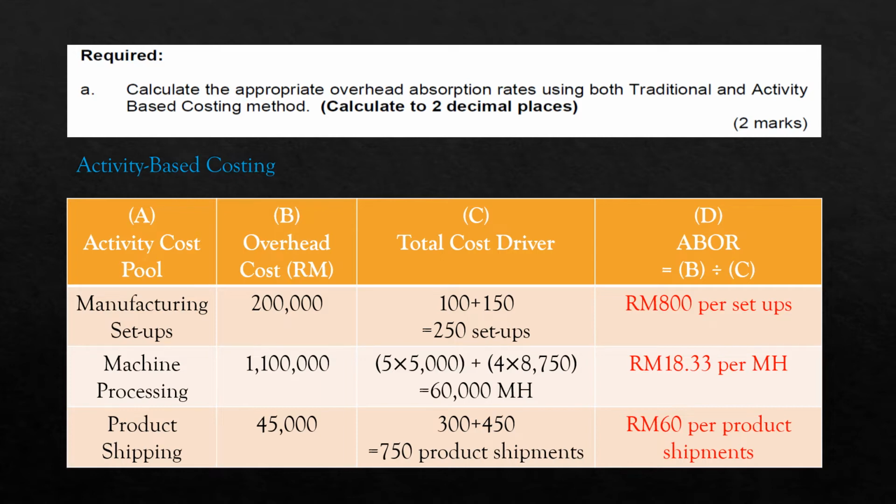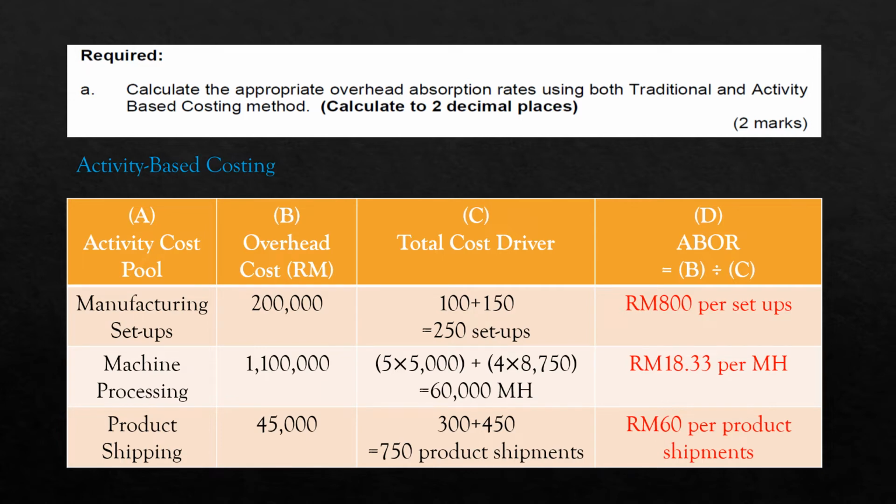Let's start with the first activity cost pool, that is manufacturing setup. The overhead cost for manufacturing setup is 200,000 and the total cost driver is equal to 250 setups. So the absorption rate is equal to 800 per setup. That is 200,000 divided by 250.